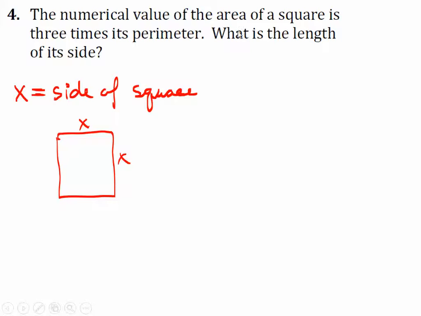Alright, then over here it does tell you what it is here. The numerical value of the area of the square is 3 times its perimeter. So let's go for the area of the square is 3 times the perimeter.